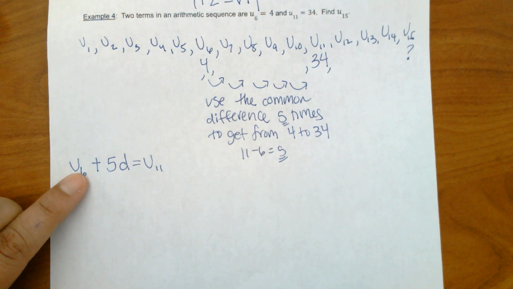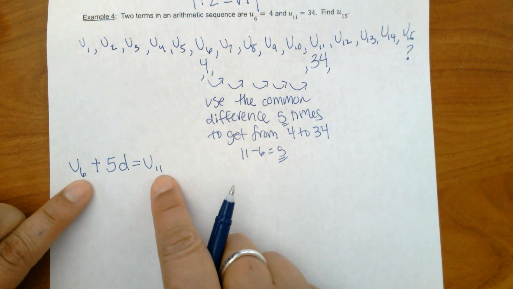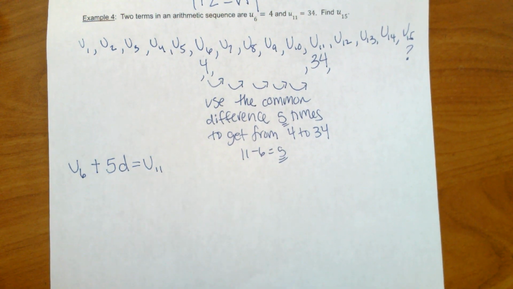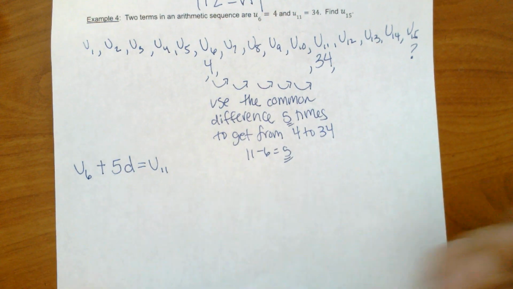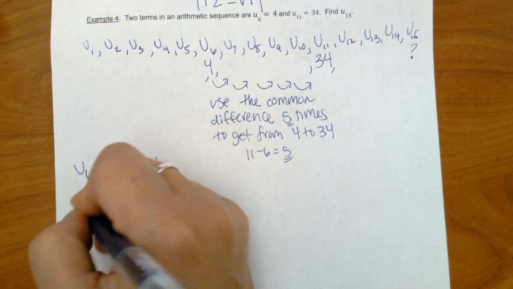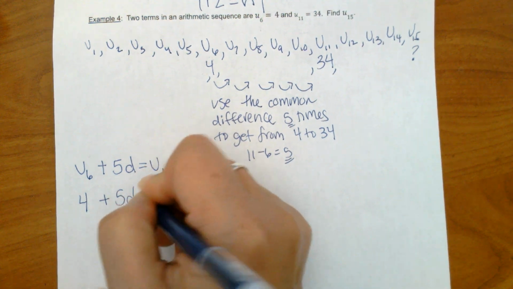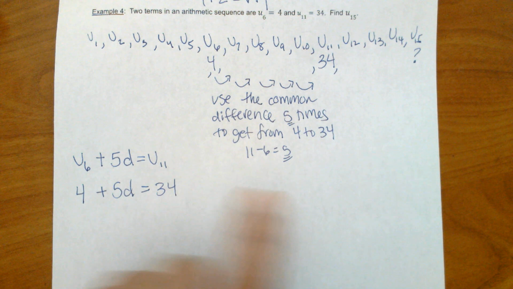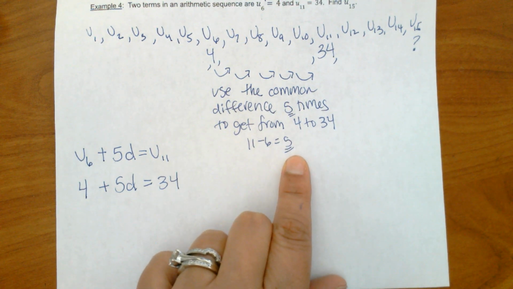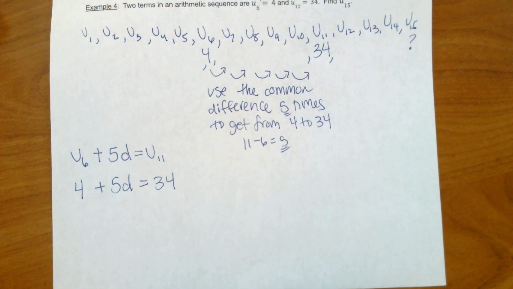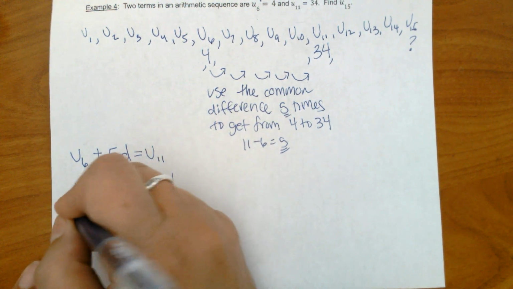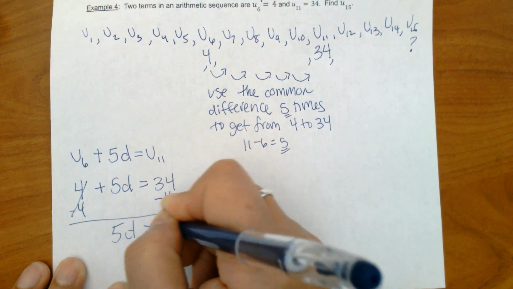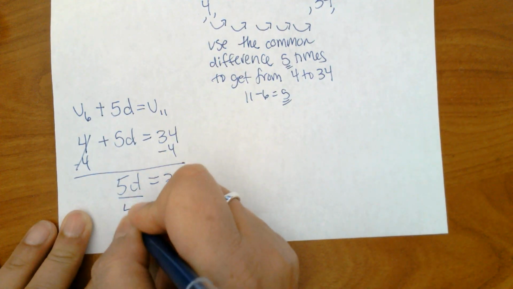So knowing how far u sub 6 is from u sub 11, that will help us set up this equation. Let's substitute some numbers in. We have u sub 6, that's 4. We have u sub 11, that's 34. So what we really needed was this 5, and it just came from knowing how many spots 4 and 34 were away from each other. Now let's solve. Subtract 4 from both sides, 5d equals 30, divide by 5.